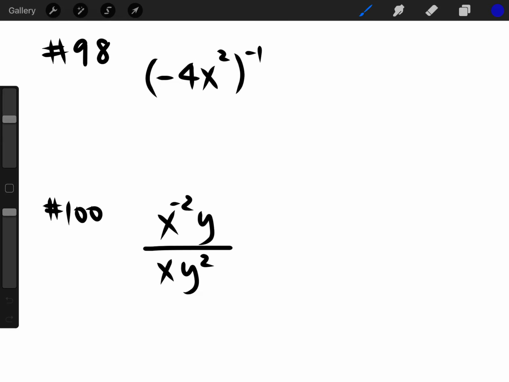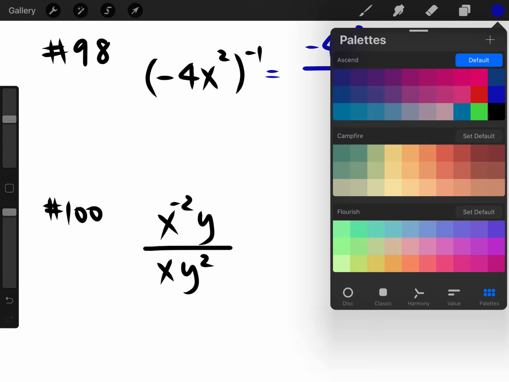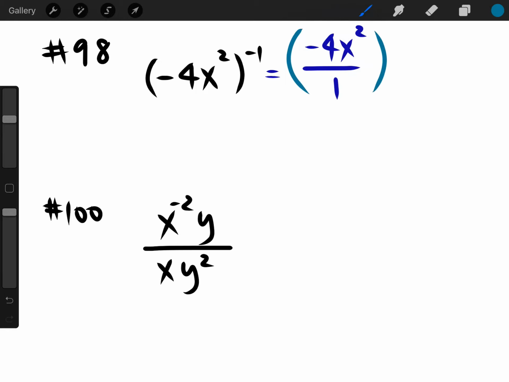All right, so this is another one where you need to understand that this is a negative exponent and it's -1, so you're just going to have a reciprocal. Think of it as -4x to the second power over 1, and then everything to the -1.